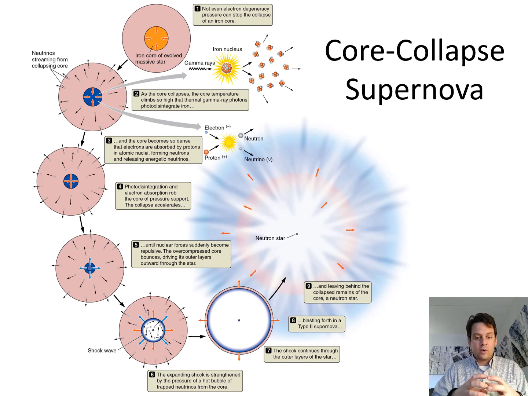The iron core becomes too massive, it collapses and bounces off, and is an extraordinarily large, very high energy explosion. The process is very similar to what we've talked about before. The electron degeneracy pressure cannot balance out the gravity, because the core has become too massive.